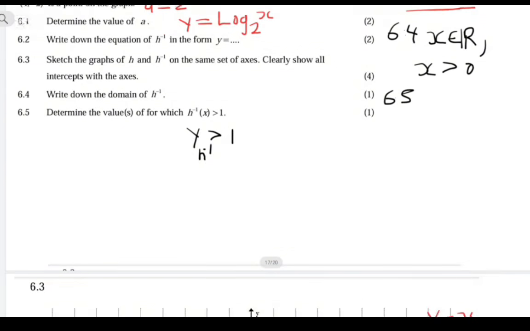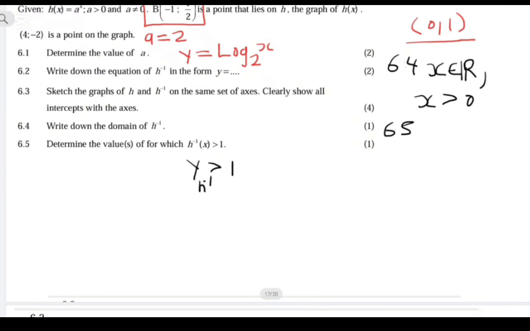So how can we find those kinds of stuff? To find it is very, very easy. We know that the inverse and the original, the coordinates are just swapped the other way around. Since this one is the y value, we don't know the x value, but we know that the y value is 1.